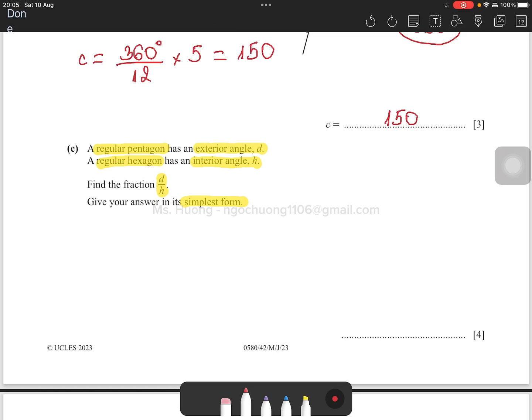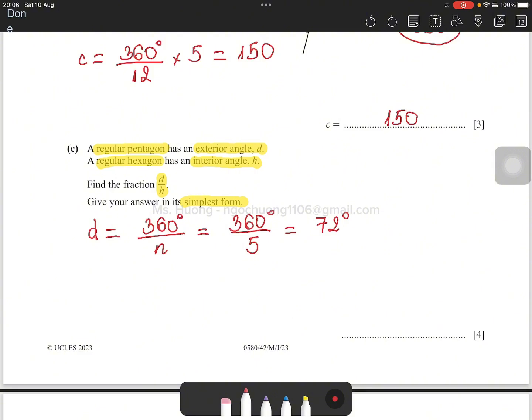First, you know that in a regular pentagon, the sum of all exterior angles is 360 degrees. So to find the value of one exterior angle, we will divide 360 by the number of sides. In this case, the pentagon has 5 equal sides, so we divide 360 by 5, and that is 72 degrees.